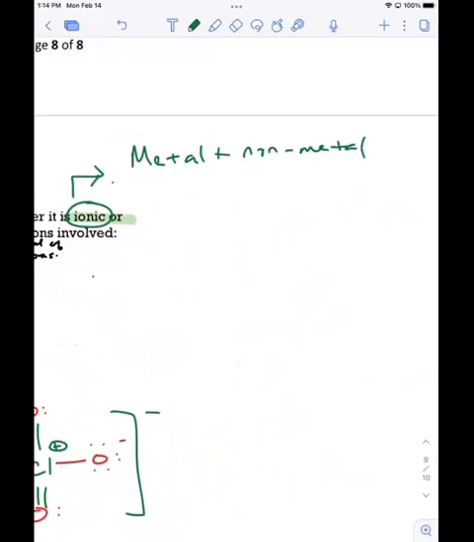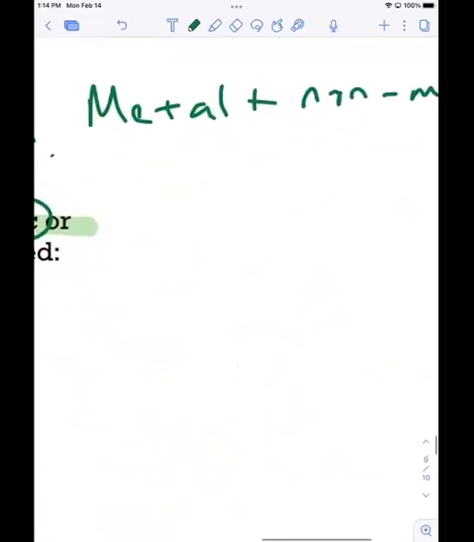Really all metals are cationic, but there are some instances where a metal can be negative. It doesn't exist by itself in a negative state, though. It usually has some other substituents attached to it that cause it to be negative. But 99.999% of the time, the metal is the cation, so it has a plus charge.